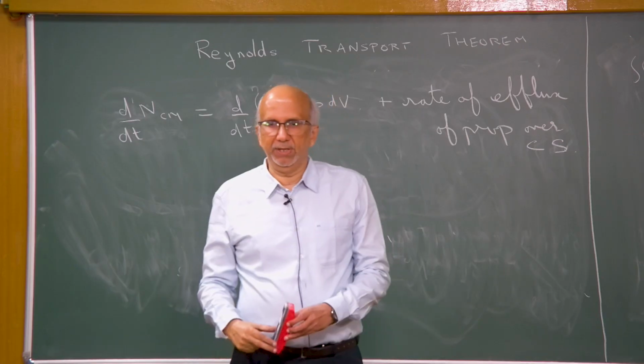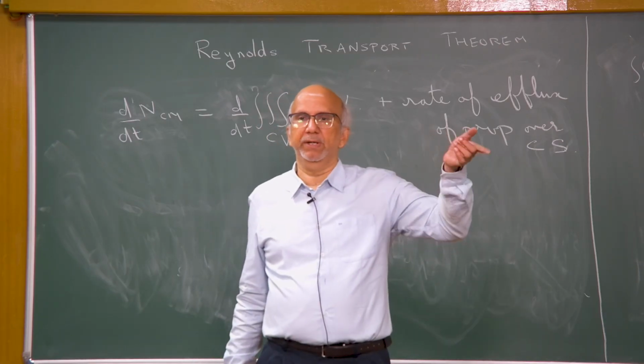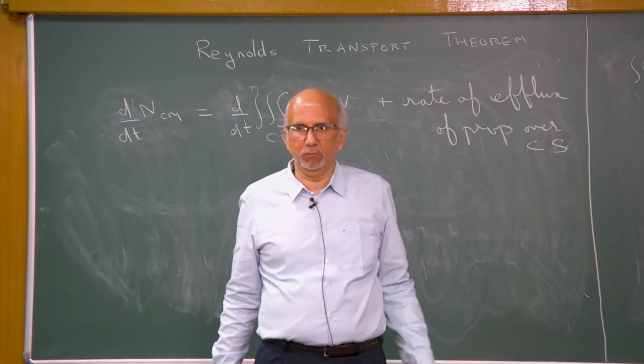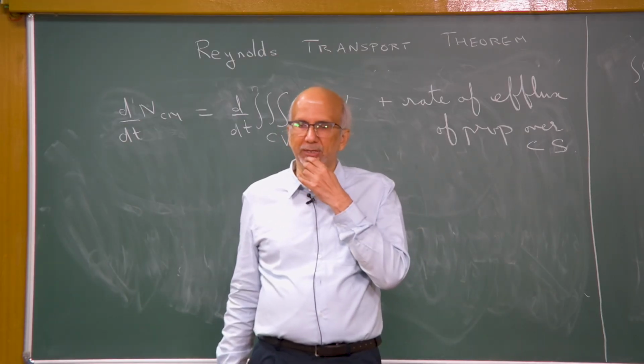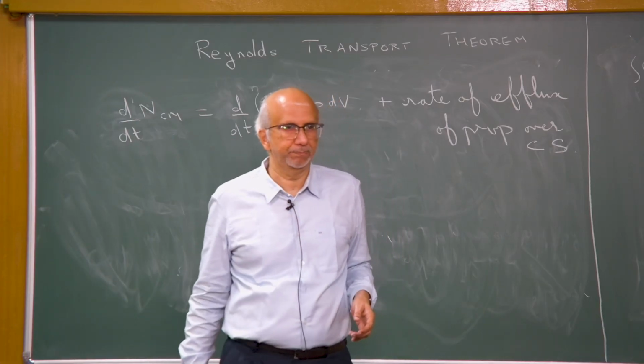The other two terms, region 3 minus region 1, I showed you physically what it is. So, I am just writing it in English now, I will convert that to a mathematical representation.